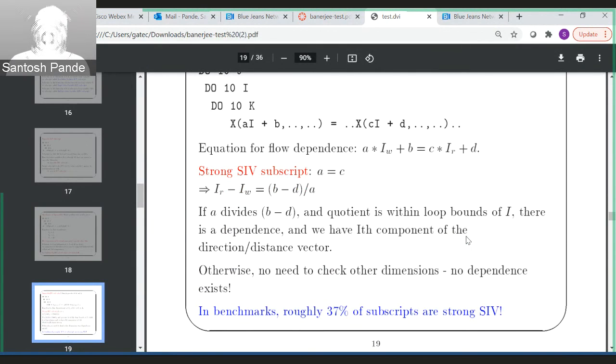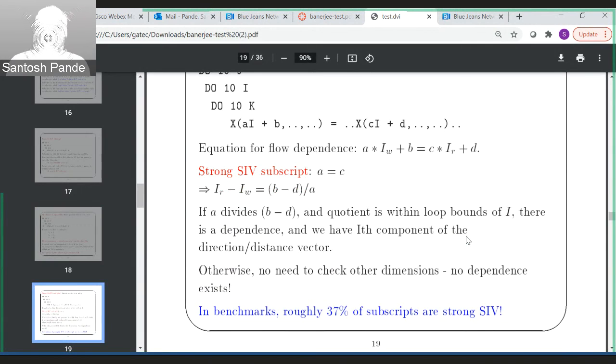That is one condition, but that's not the only condition. You can see that IR minus IW is also the distance between the read-write iterations, and that distance must fall within the loop bounds of I, otherwise there won't be any dependence.